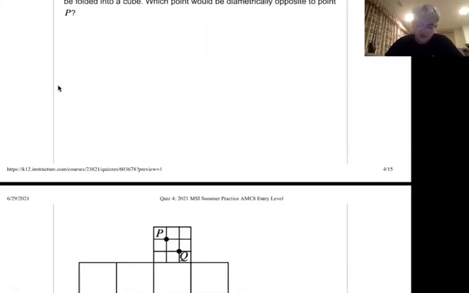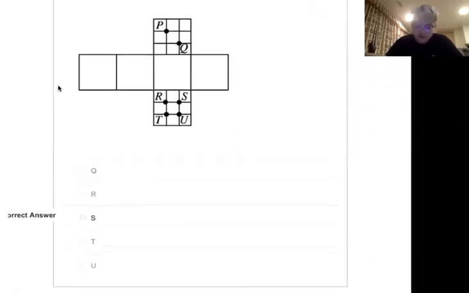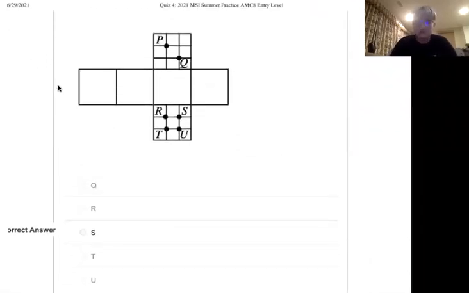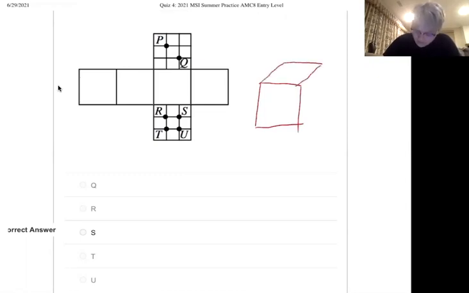For this question, we need to use imagination of 3D objects. So imagine if we fold this pattern into a cube. Let's draw a cube here first. So here we have a cube.